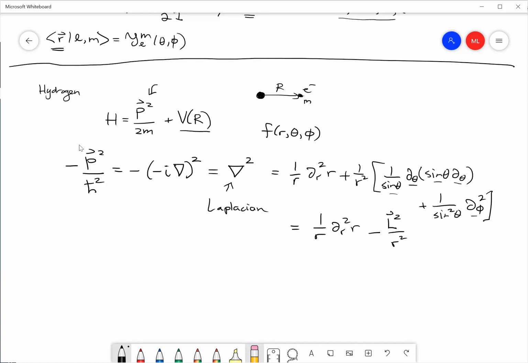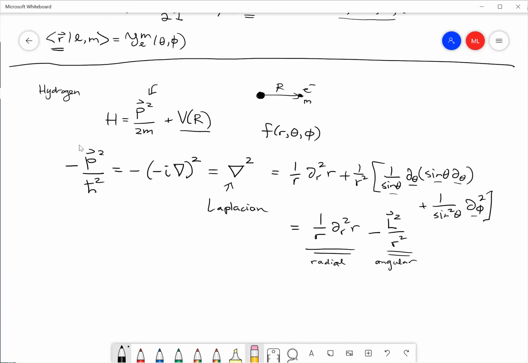So the kinetic energy in spherical coordinates is composed of a radial piece and an angular piece, and unsurprisingly, the angular piece is just proportional to the angular momentum squared.